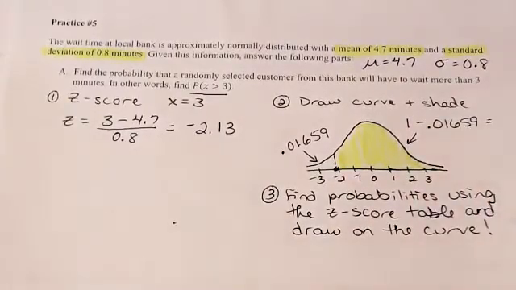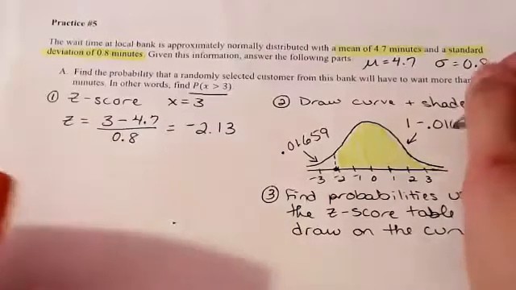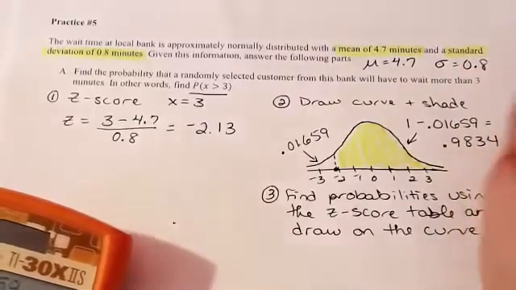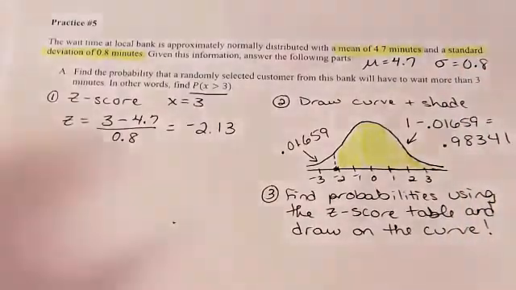Draw the curve, label the curve, write on the curve, whatever it takes. So we've got 1 minus 0.01659, which gives us a probability of 0.98341.